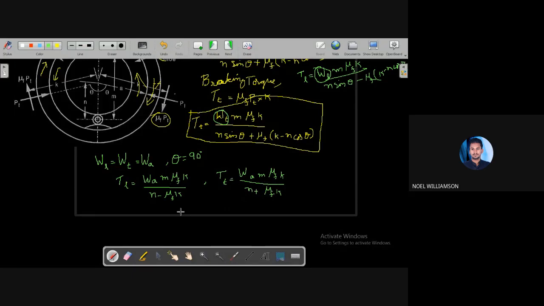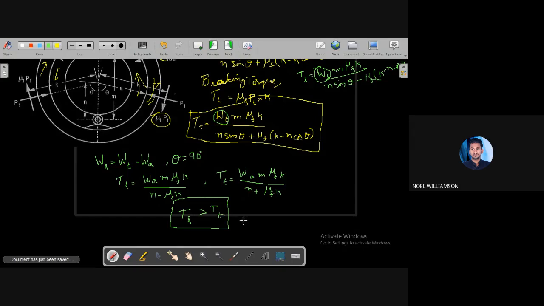So we can say that TL will be greater than TT. If the denominator is decreasing, then automatically the value will be increasing, right? So the braking torque for the leading shoe will be greater than the braking torque for the trailing shoe.